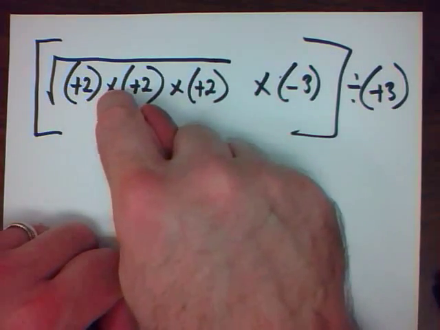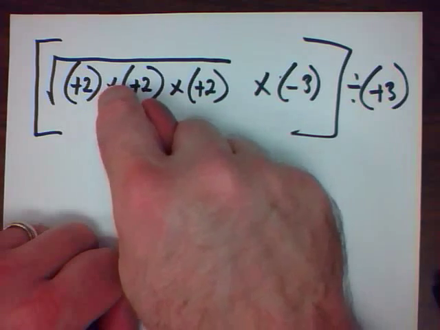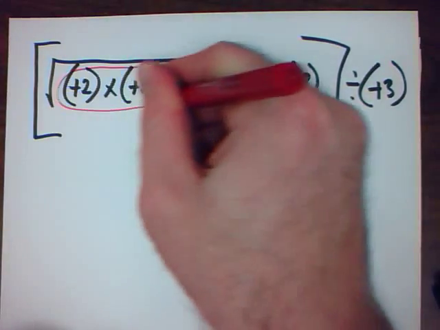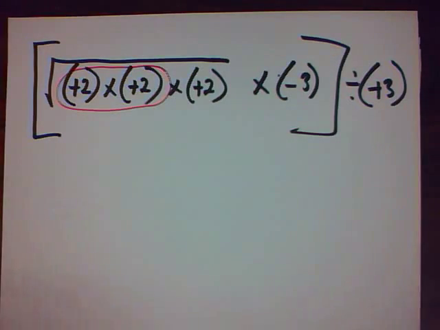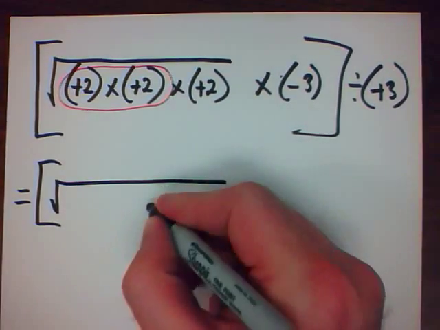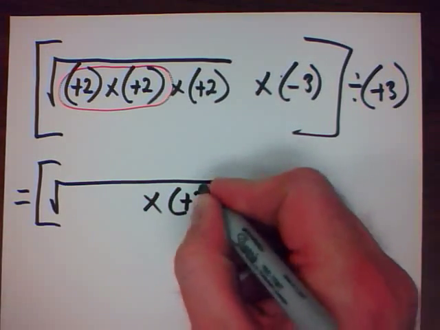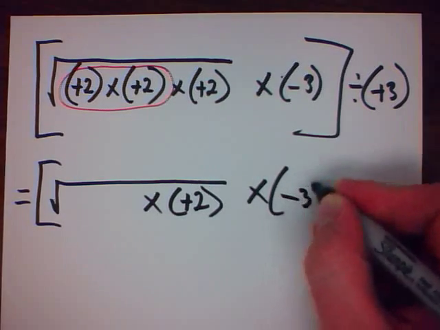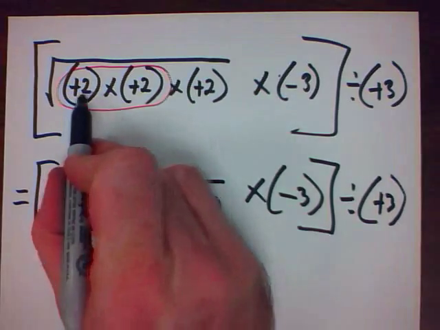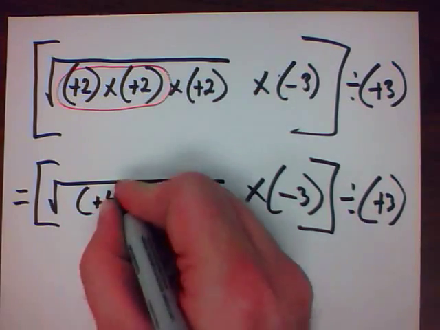Even though that's multiplication, I have to do it before I can do the root. So I'm going to do that first. There's a square root sign, copying down everything I'm not using. Two times 2 is 4.